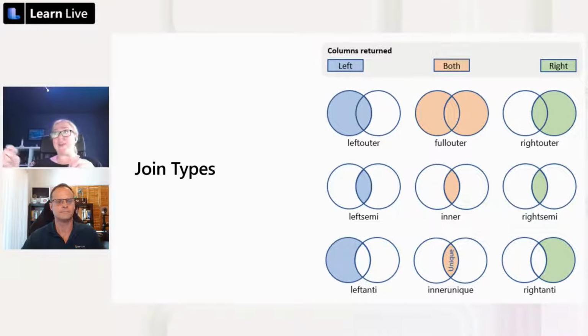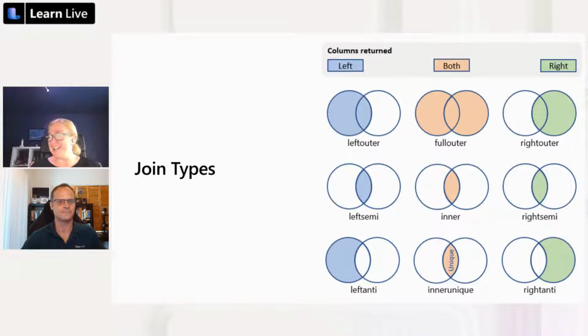But where there's nothing to match in the right table, it will have blank spaces for us. We'll see if we can make it clearer with the query, but it's important to remember this picture. The other one is the right outer, which just gives you the reverse. It will only return from the left table what they have in common, but everything from the right table.